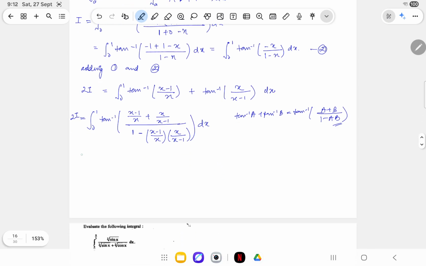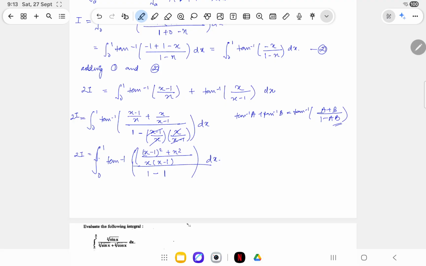If we simplify it, we'll get 2i equal to 0 to 1 tan inverse ((x minus 1) square plus x square) divided by (x into (x minus 1)), and in the numerator we have 1 minus 1, since x balances this and x minus 1 balances this, into dx.